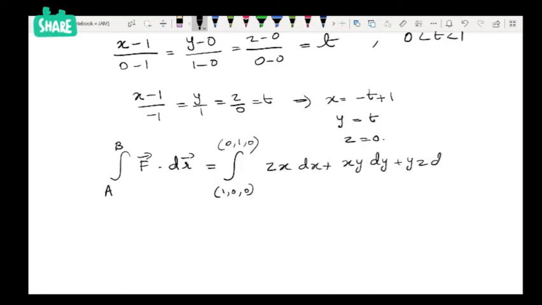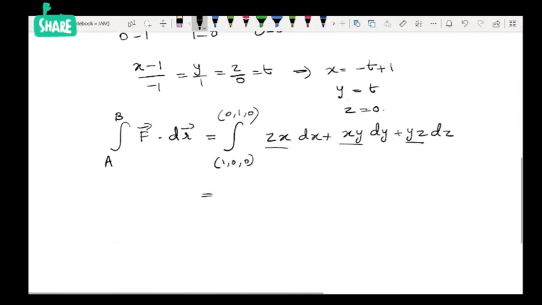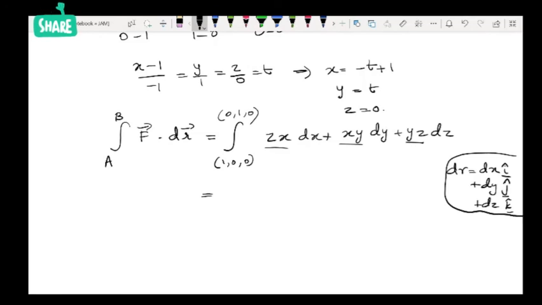Here zx, xy, yz are the i, j, k components of f, and dr is dx i plus dy j plus dz k. That's why the corresponding terms are multiplied here. Now let's replace it with the parametric equation in t.